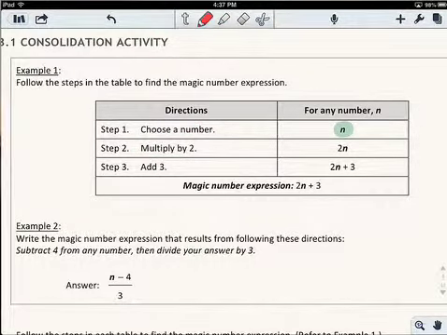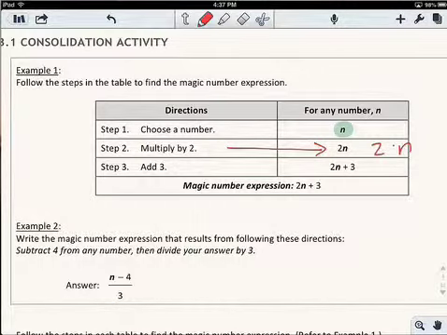Here it says multiply by 2, and that became 2n because n times 2 is 2n. You could also write that as 2 times n, but it's a little faster to write 2n. Definitely keep the number, or the coefficient, out in front of that variable. That's just a good practice to get in. It'll get you out of a lot of hot water later when we start mixing negatives into the mix.